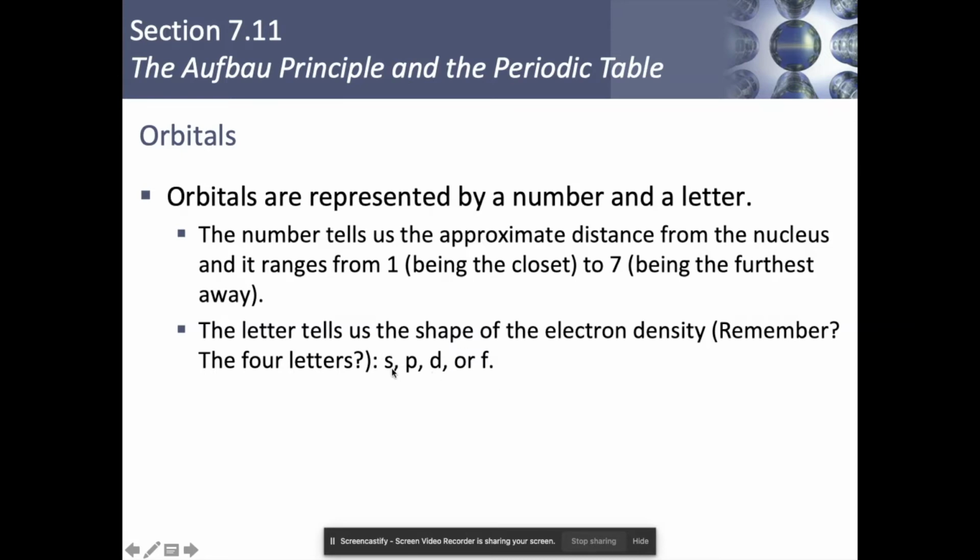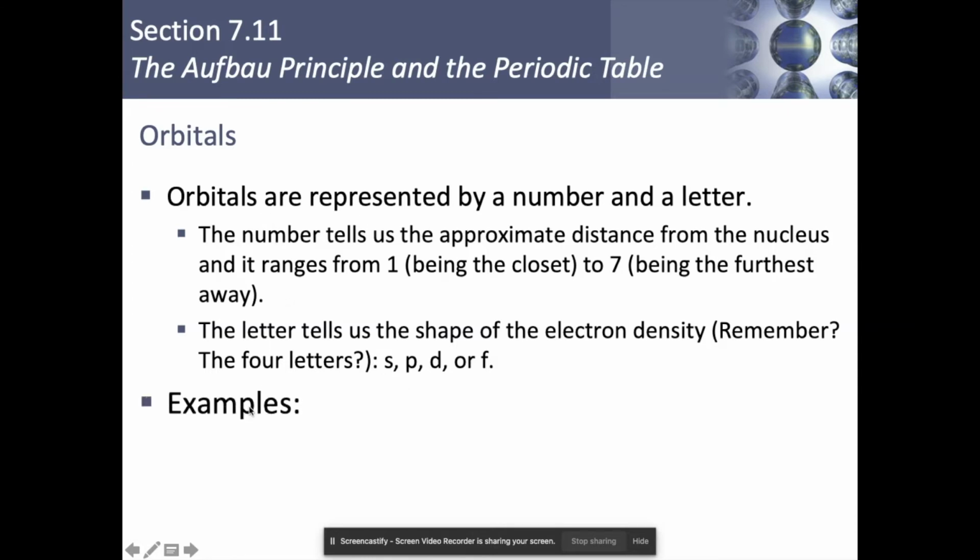And in case you're wondering, do s, p, d, and f mean something? Yes, they do. But in reality, they don't really mean anything anymore, okay? They used to actually point out particular features that you might find on emission spectra and absorption spectra, but that isn't really true anymore. So we just use the letter s, p, d, or f to describe them. But you need a number and you need a letter.